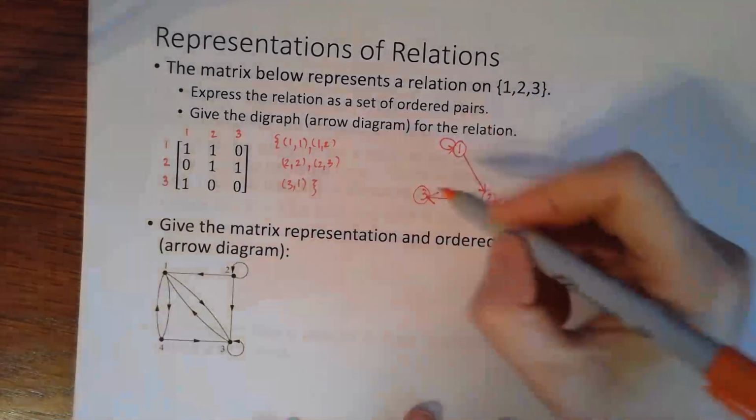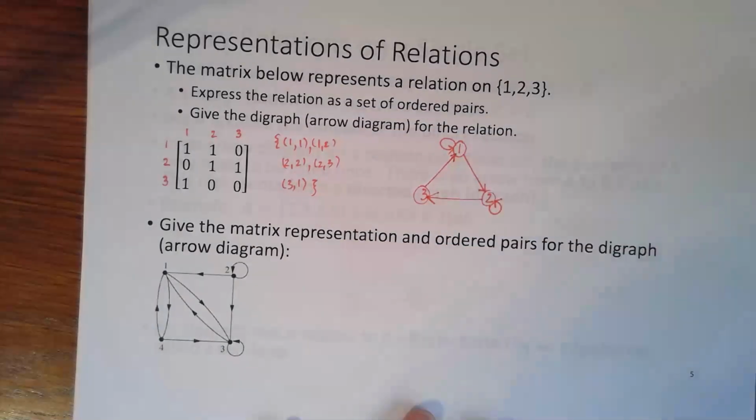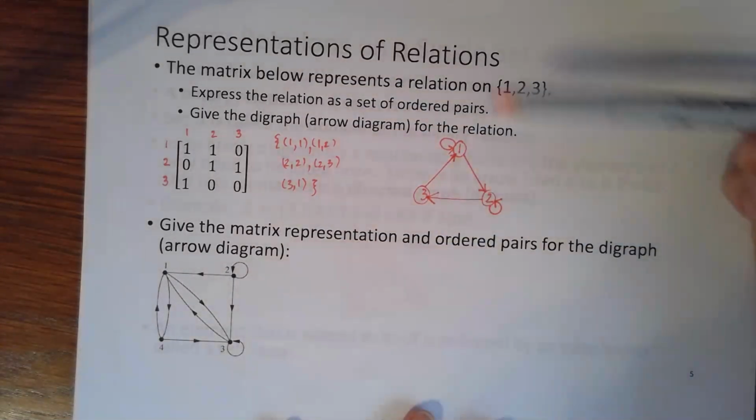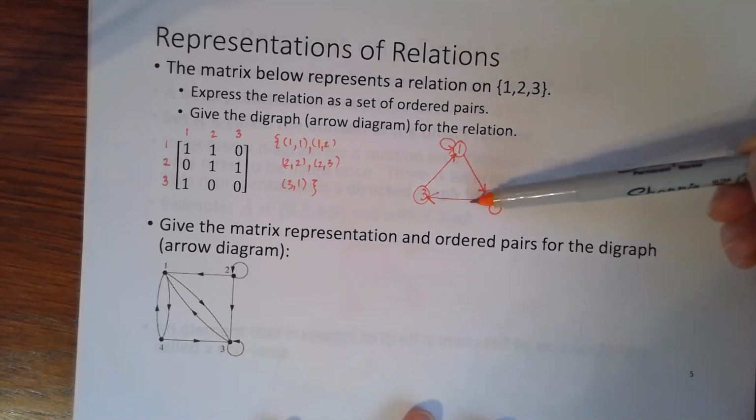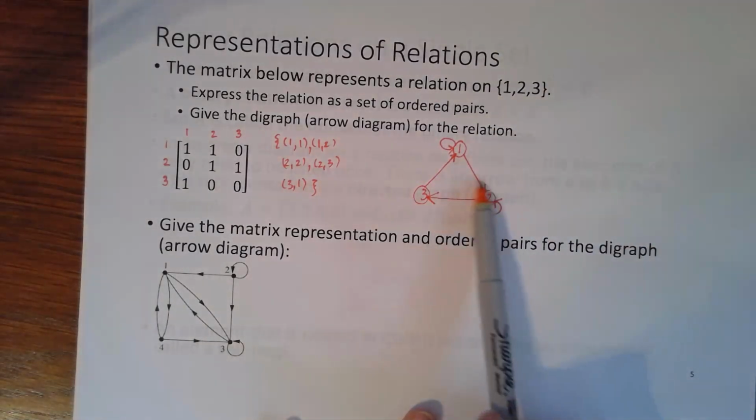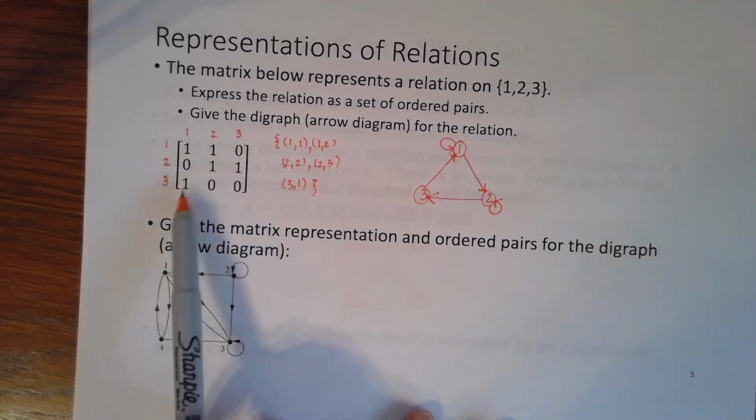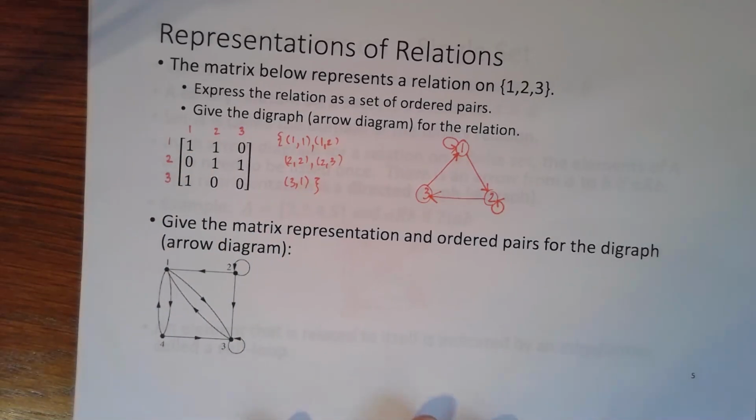And then 3 is related to 1. So if we count the number of these arrows that we see, there's 1, 2, 3, 4, 5 arrows. The number of arrows should match the number of ones that we see in the matrix.